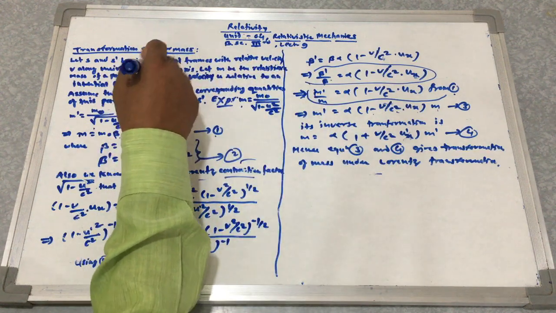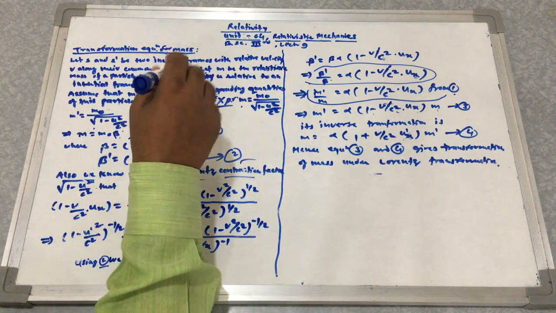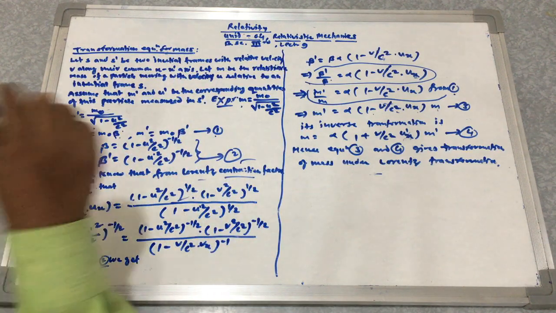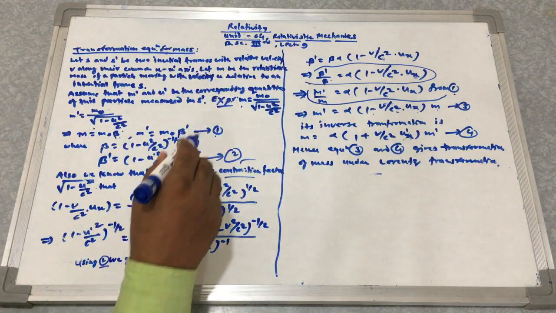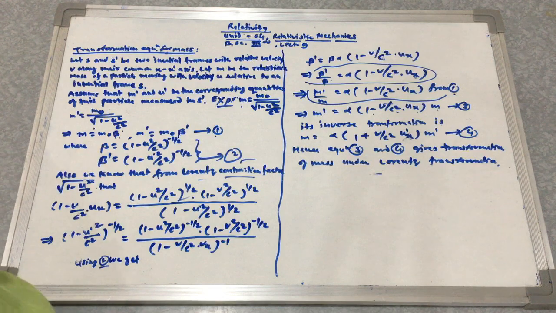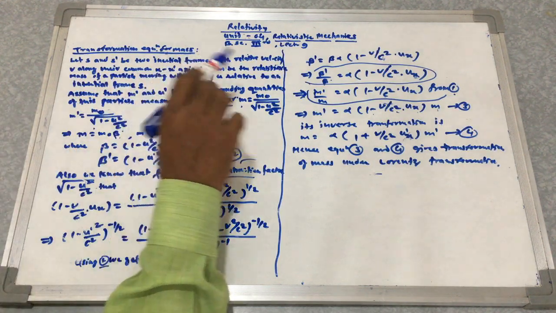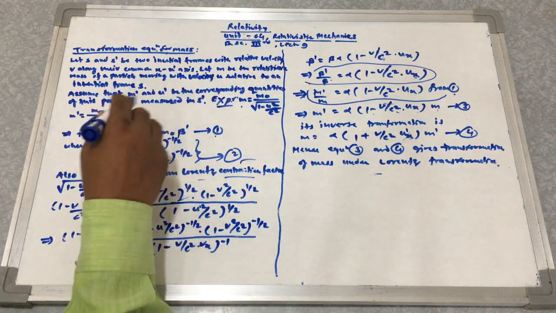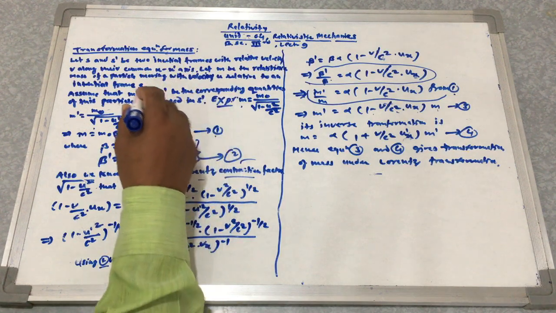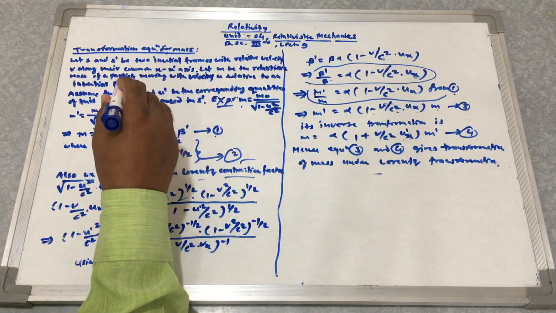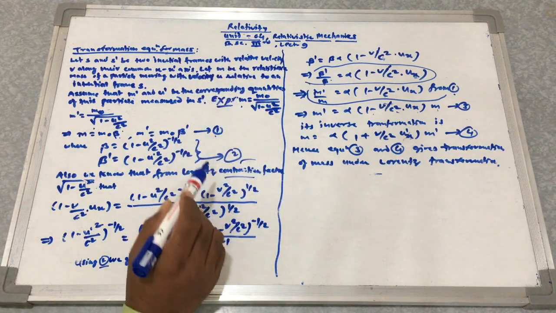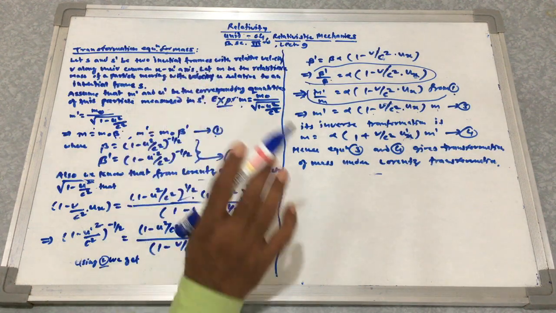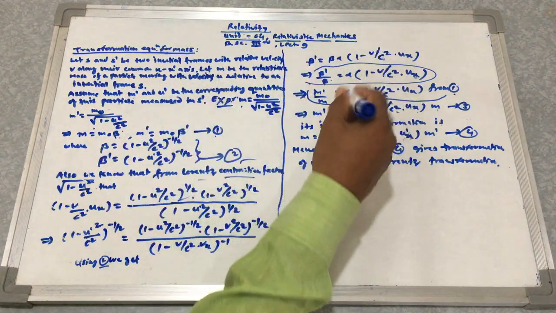So these two systems are inertial frames with the relative velocity v along the common x and x dash axis. We have m as the relativistic mass of the particle moving with velocity u relative to the inertial frame S. We assume that m dash and u dash are the corresponding quantities of the particle measured in the system S dash, and then the expression holds this way.